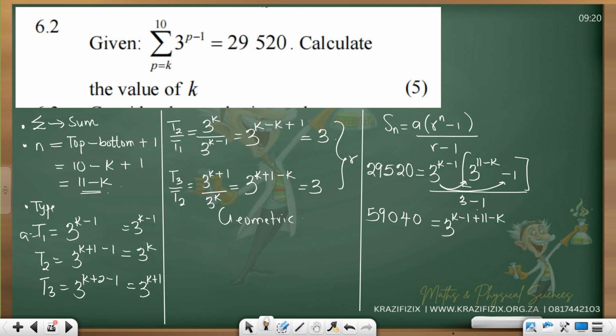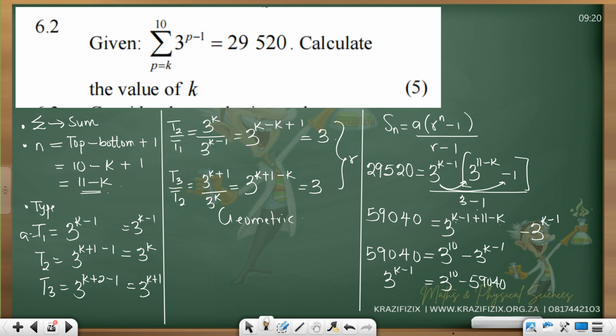Then minus 1 times that will give us minus 3 to the power k, to the power negative 1. Interesting. Oh, I see. k minus k is 0. Life is becoming very easy. 11 minus 1 would give us 10. Oh, so I see where we're going. If I bring this over, it becomes 3 to the power 10.